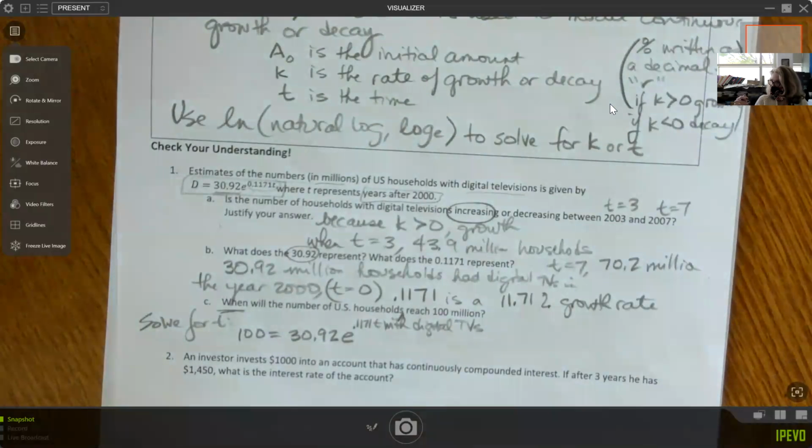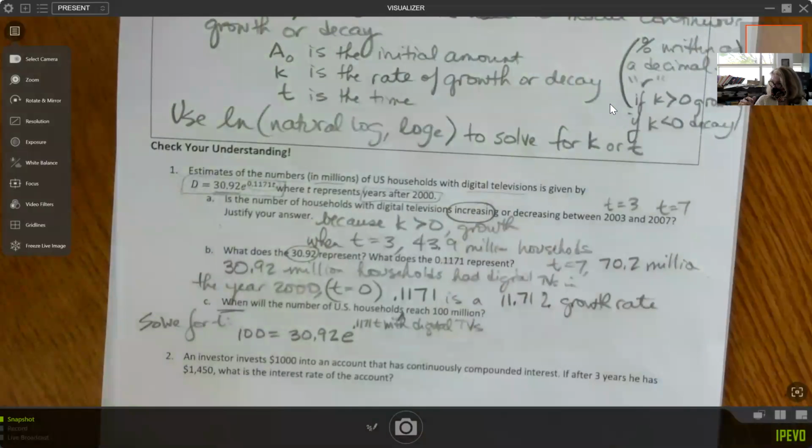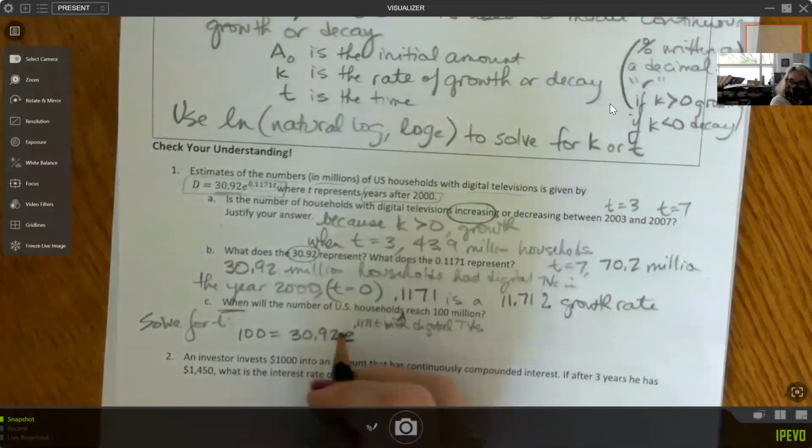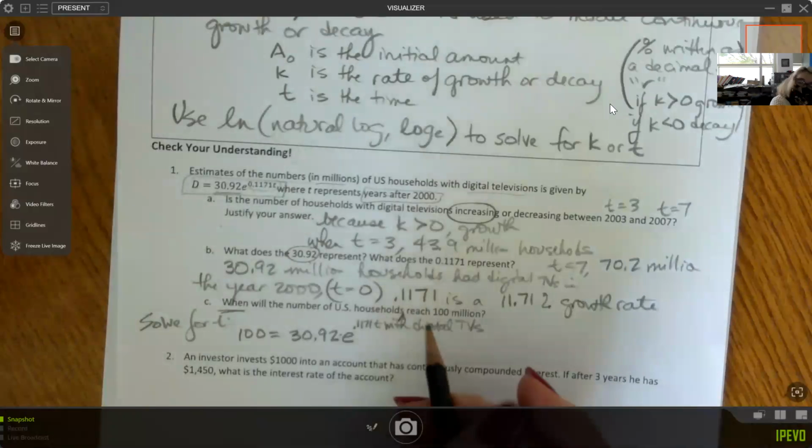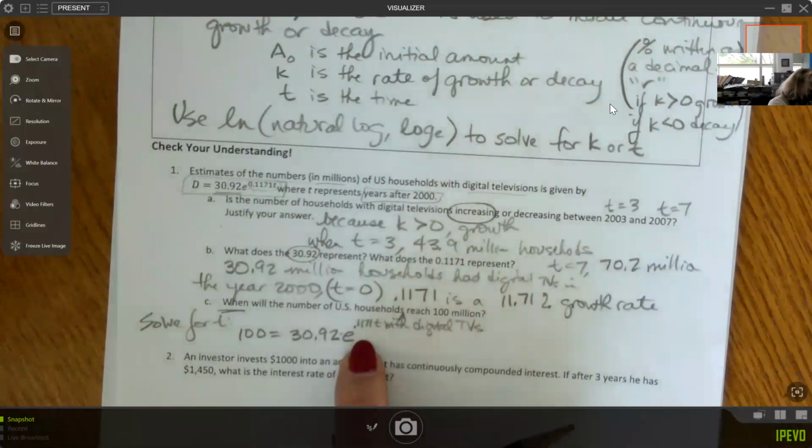Okay, so we're good that we're going to solve for t. What's the first step? Awesome. And it helps to put that little dot in to remind yourself, because I want to get the e part by itself, so then I'll take the natural log.